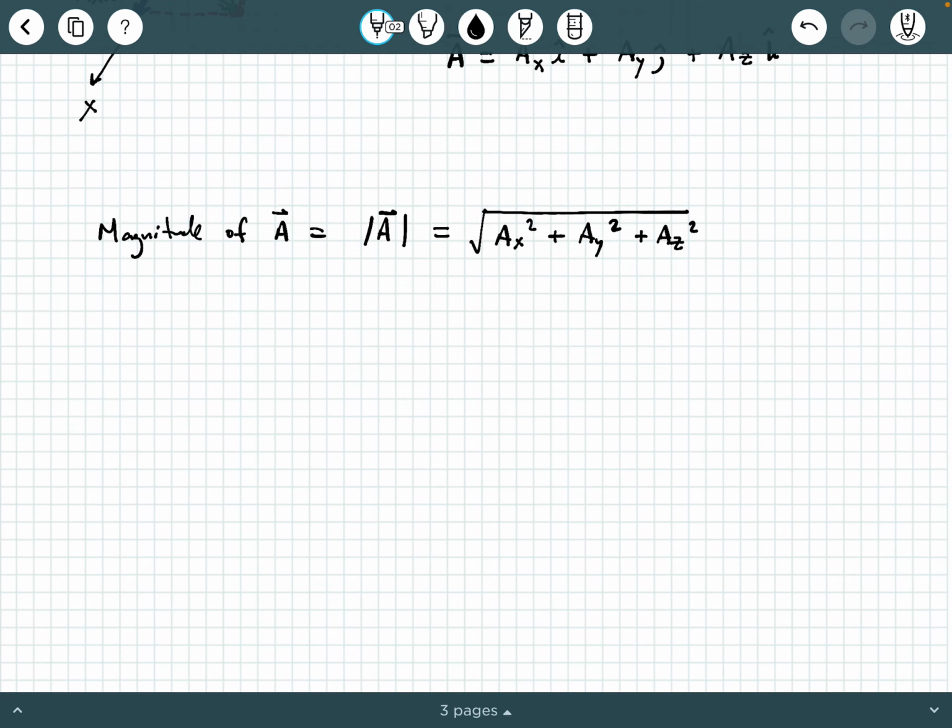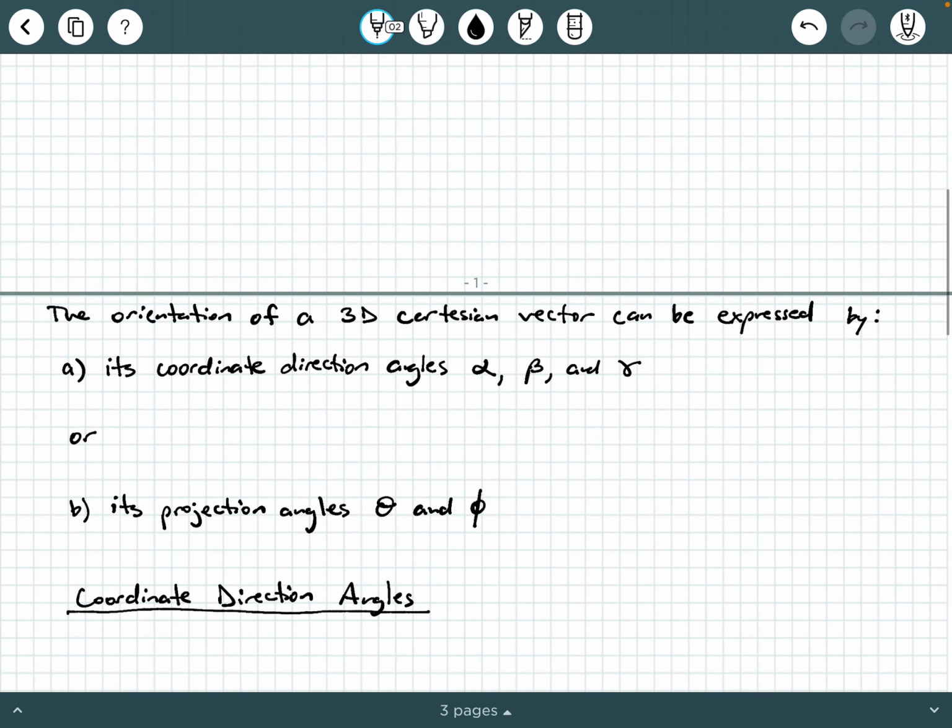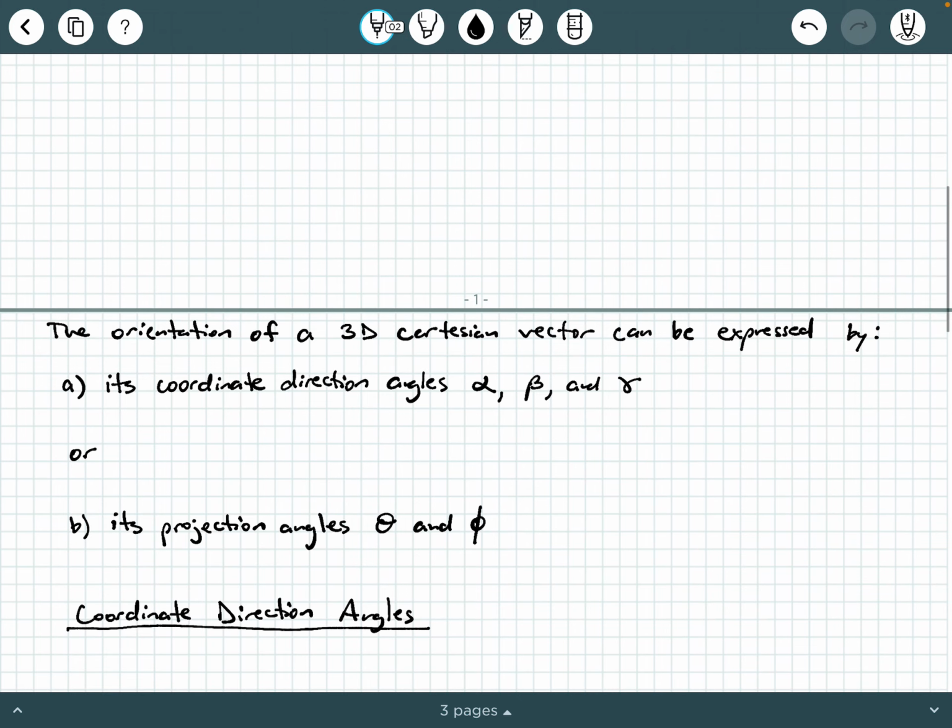Now I'm going to scroll on down because in addition to a magnitude of a vector, we are interested in its orientation and direction, okay? So let's talk about what that's going to be for a 3-dimensional vector. Well, the orientation of a 3D Cartesian vector can be expressed in 2 ways.